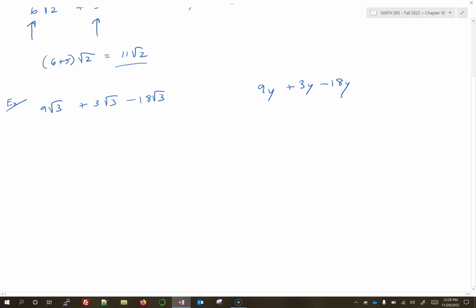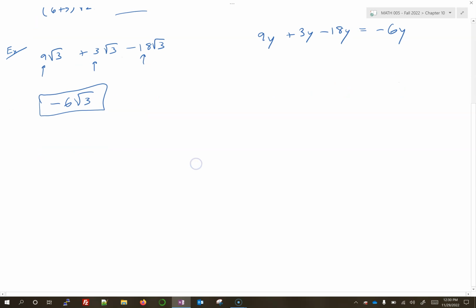So we know we're just going to do that addition and subtraction of those coefficients, and we end up getting negative 6y. Well, that's exactly what we're going to do here. When I do 9 plus 3, and then subtract 18, I'm going to get negative 6, and then instead of having a variable, I just have the radical. All right, so it's very easy to combine radical expressions.